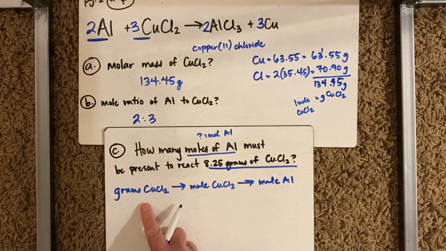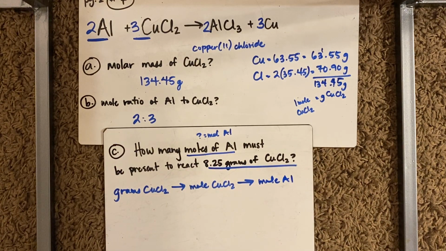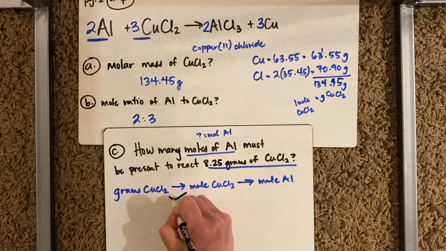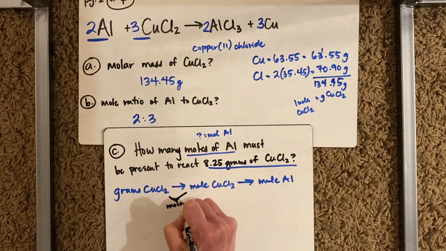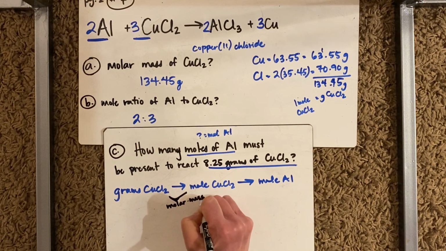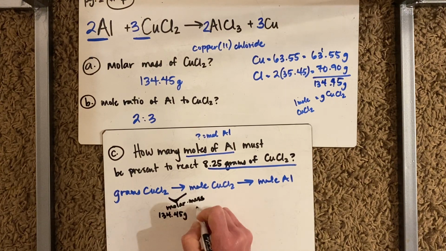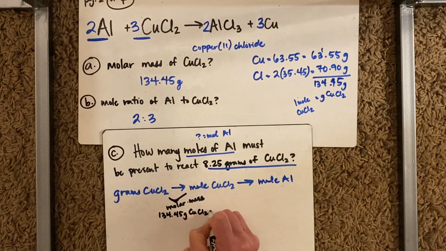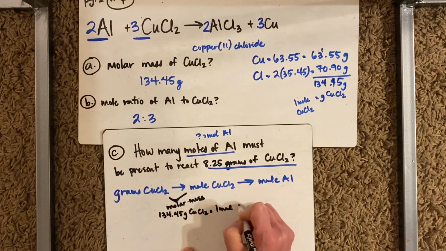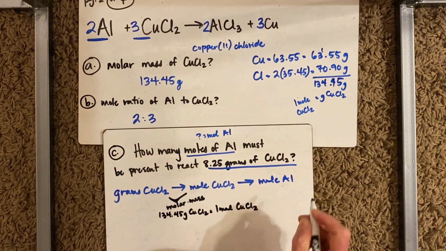Okay, so whenever we go from grams to mole, remember we're going to use our molar mass. So this is our molar mass right here. And we already figured that out in step A. So 134.45 grams of this copper 2 chloride is equal to 1 mole of our copper 2 chloride.